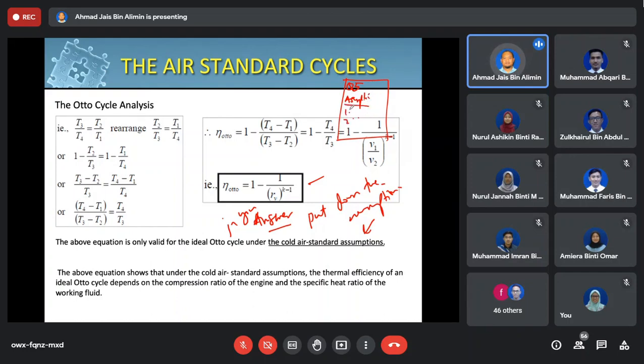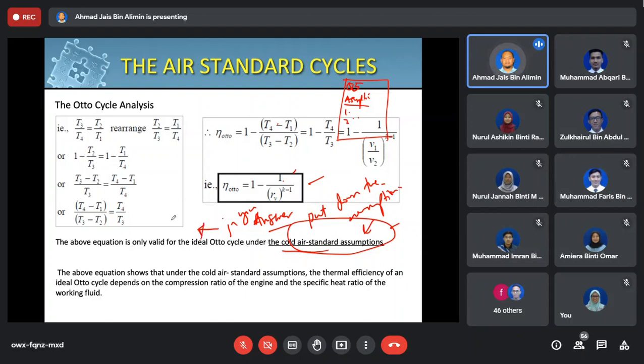One of the assumptions that you need to put in is that you assume that everything is behaving as the cold air standard assumptions. By mentioning this simple statement, you can then use this simplified equation to carry out the Otto cycle analysis for the spark ignition engine.